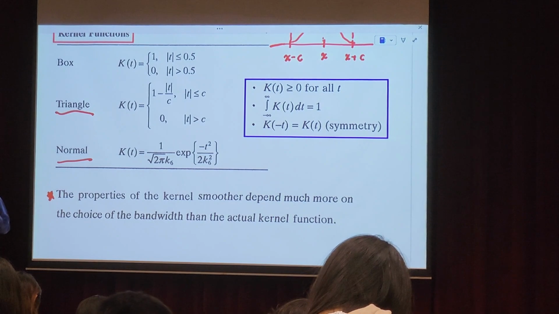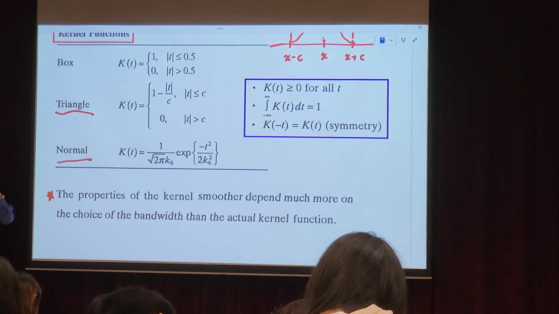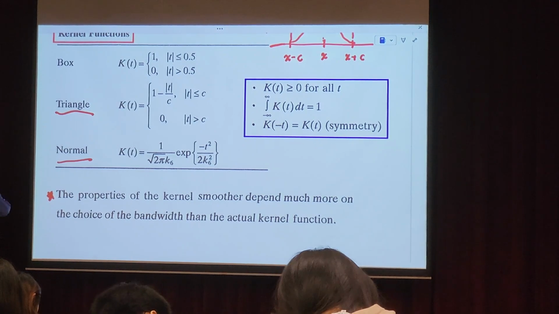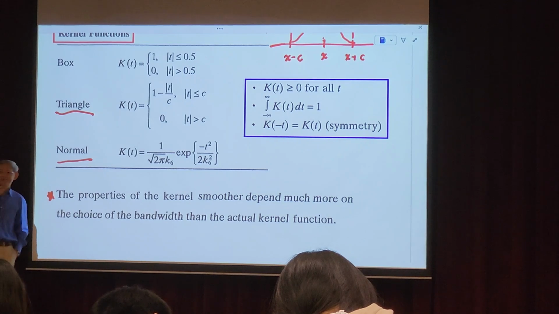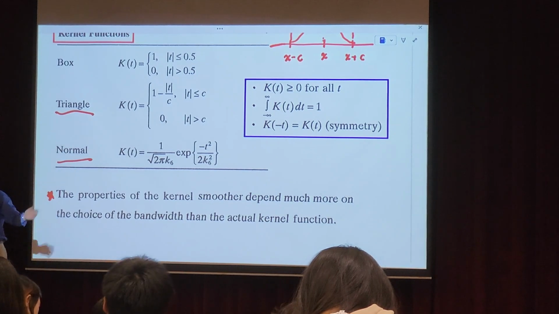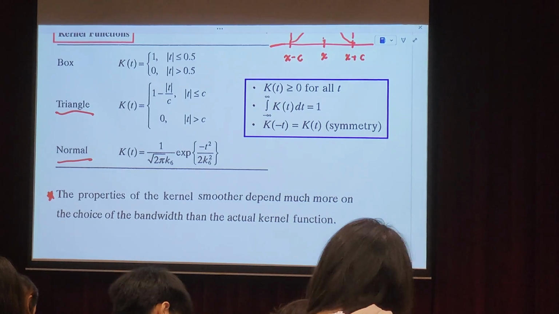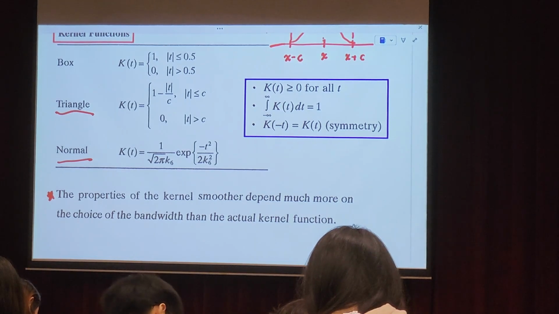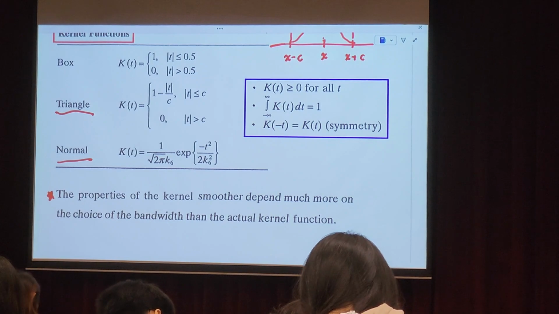It is the bandwidth that is the more dominant factor in affecting the final non-parametric regression model that you will get. So it doesn't matter. Because of that, I would choose whatever kernel function for use.